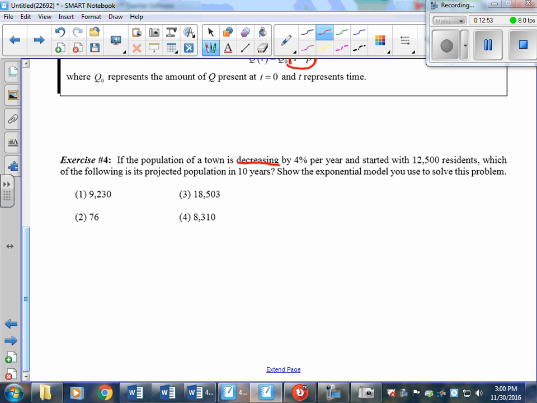So exercise 4: if the population of a town is decreasing by 4% per year, almost right away I want to say, decreasing 4% a year, I'm going to rewrite that as 0.04 right here on my notes. And it started with 12,500 residents. Which of the following is its projected population in 10 years?